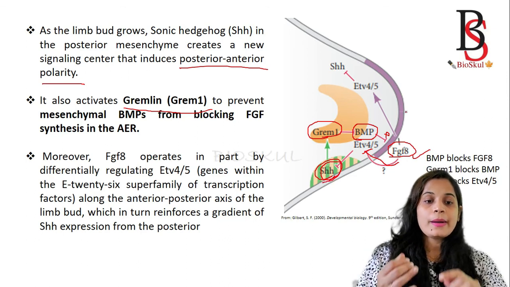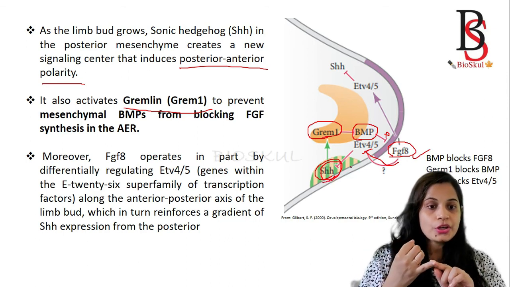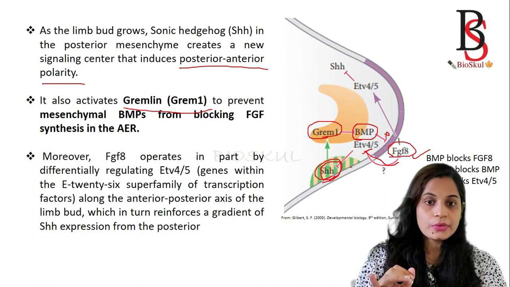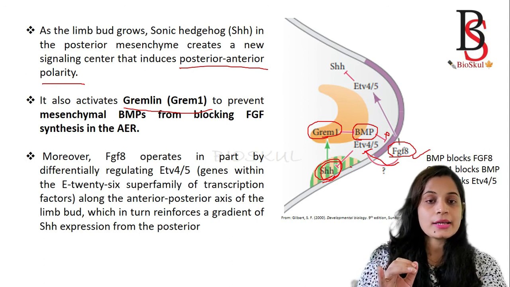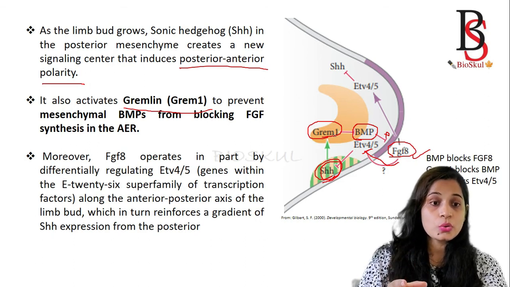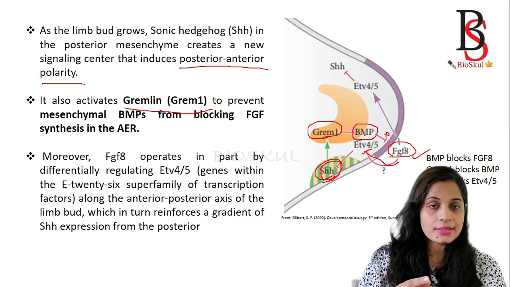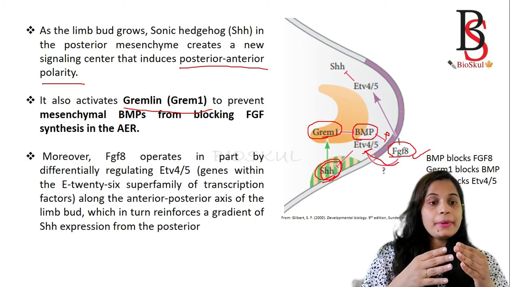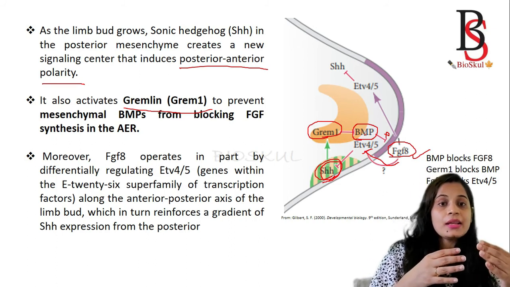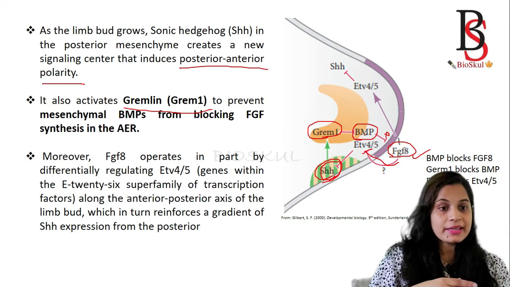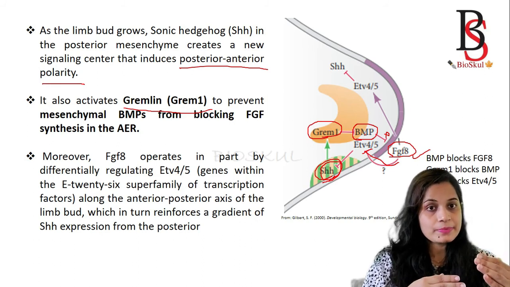Okay. So in the first step, what will happen? In the posterior region, sonic hedgehog protein will be secreted, and this sonic hedgehog protein activates GREM1. Then the function of GREM1 is to inhibit the BMP. Okay, as the BMP is inhibited, then from the apical ectodermal ridge, FGF8 will be formed.